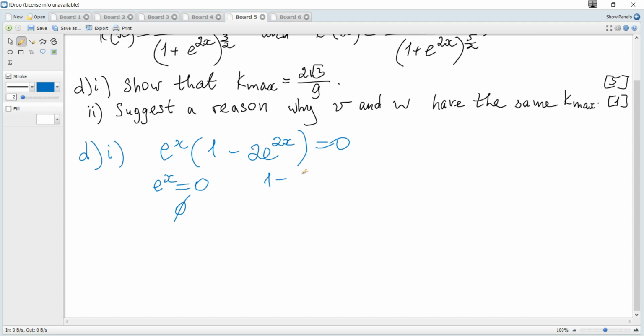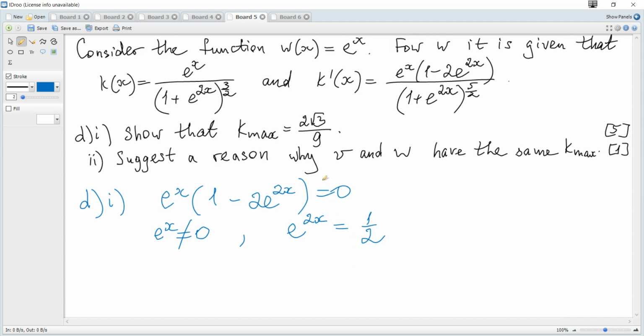So 1 minus 2 e to 2x, it cannot be equal to 0, so e to 2x is a half. You can see that we need k max, and it's not required to find x when it occurs.